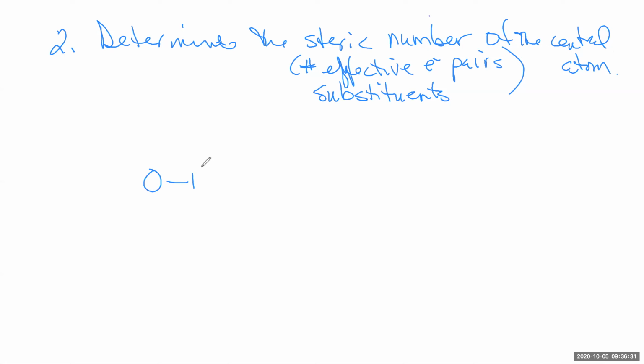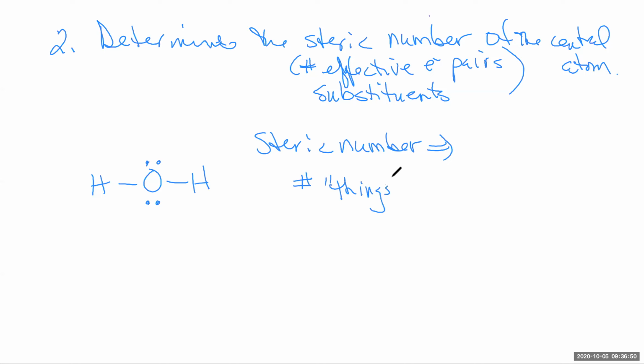So if I go back and look at water, and I wanted to find my steric number, I look at how many things are around that central atom. So the steric number is defined as the number of, I'm going to just say, things about the central atom. What can these things be?